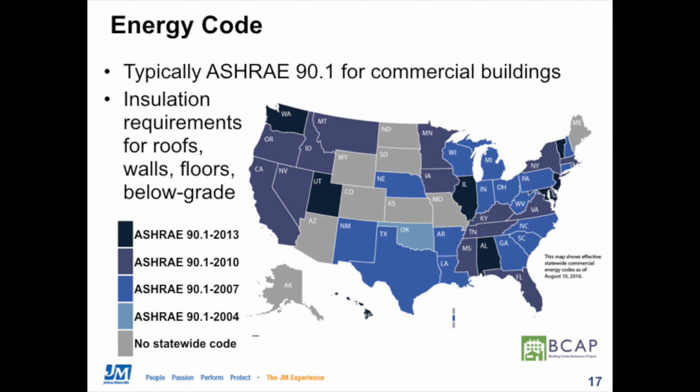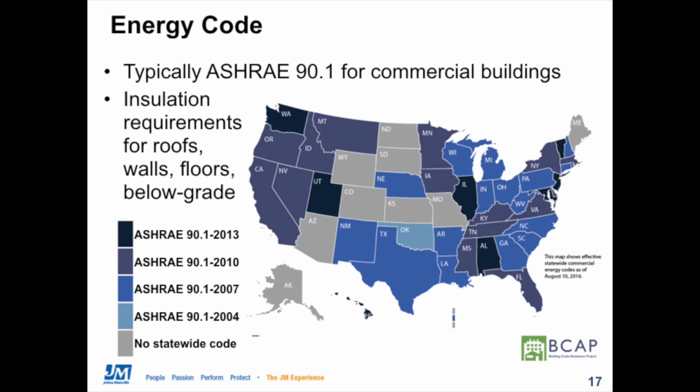Most commercial buildings in the U.S. are actually built to the ASHRAE 90.1 standard, whereas residential buildings tend to be built complying with the residential portions of the IECC code. In general, states are not obligated to adopt or enforce any version of the energy code, which does actually get updated every 3 years.